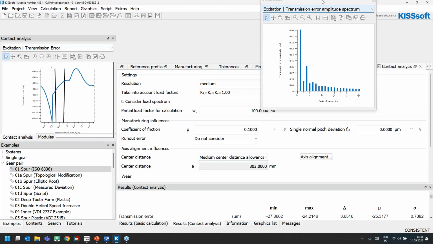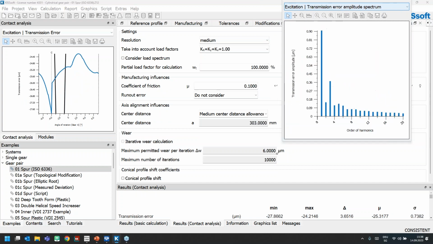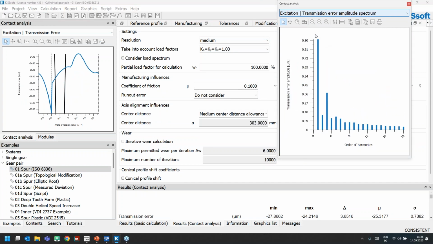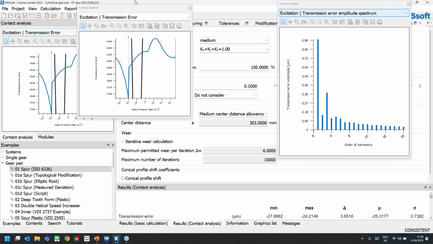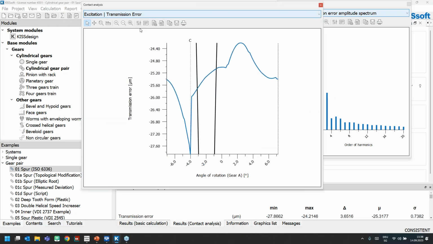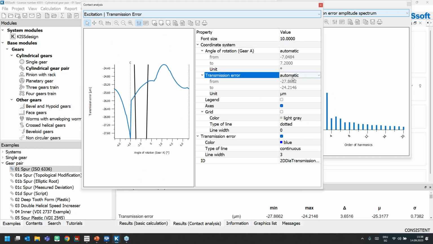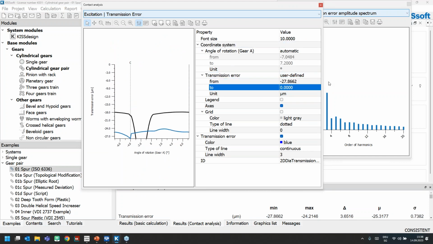We can see that in terms of the orders of harmonics, there is still some frequency content. However, this first order is now more dominant, which basically means the signal is a little bit smoother than before, but we will see that on the graphic. I need to rescale my axis.